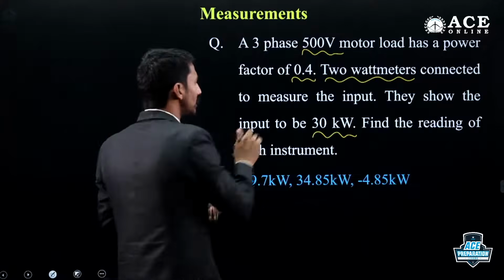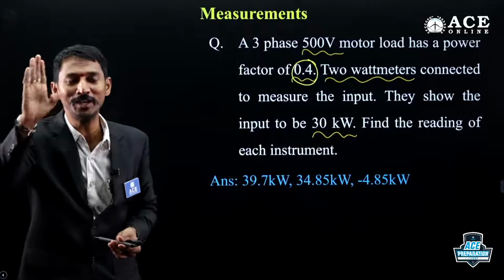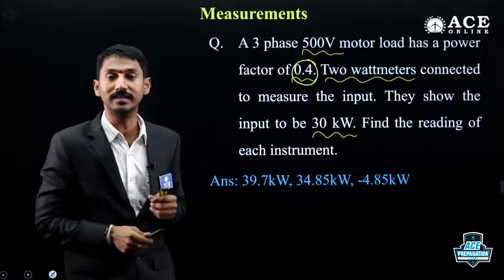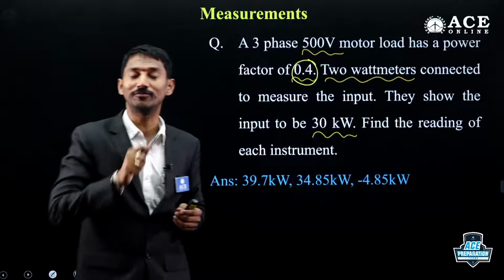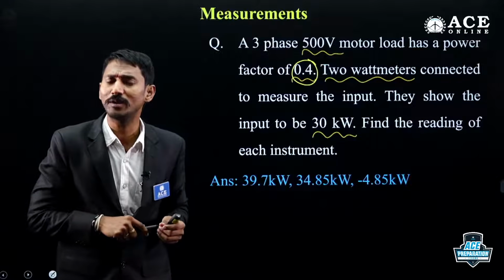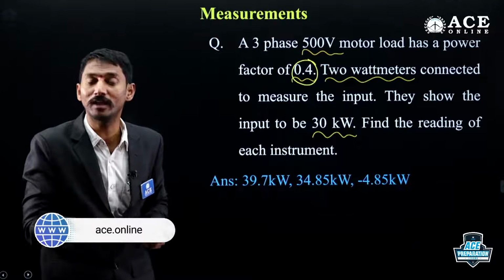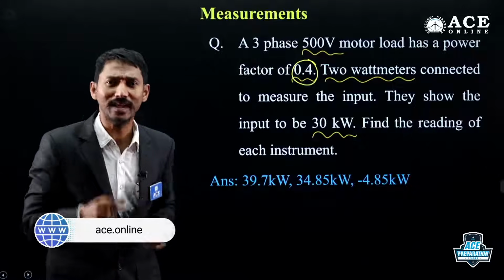If you observe this power factor value clearly, you need to recollect the corresponding concept: power factor is less than 0.5. If the power factor is less than 0.5, one of the wattmeter readings must be negative. That is the standard point.